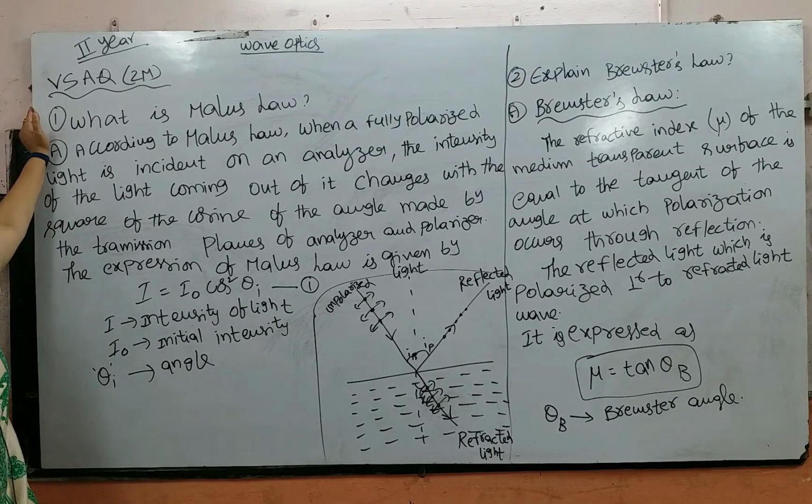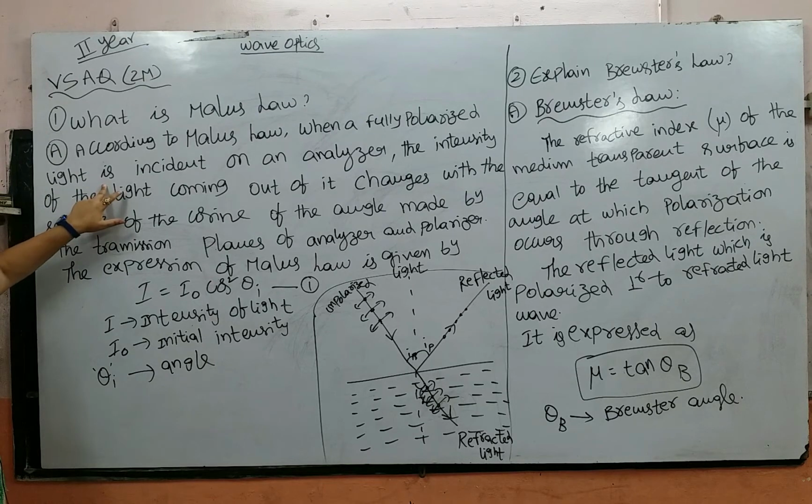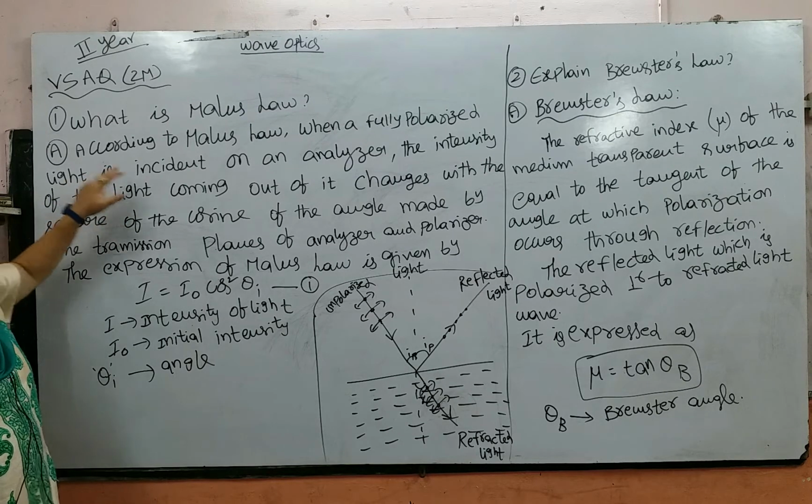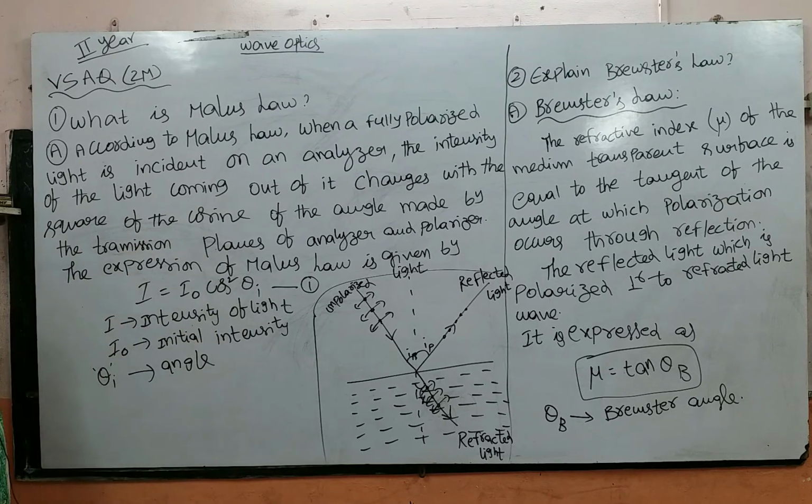According to Malus law, when fully polarized light is incident on an analyzer, the intensity of the light coming out of it changes with the square of the cosine of the angle made by the transmission planes of the analyzer and the polarizer. The expression for Malus law is given by I equal to I naught cos square theta.